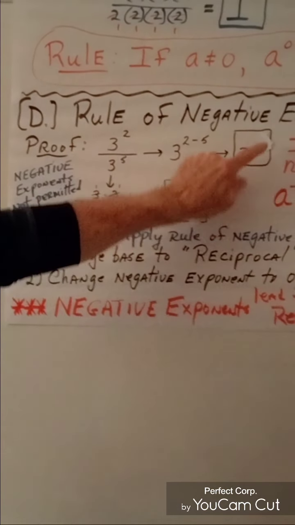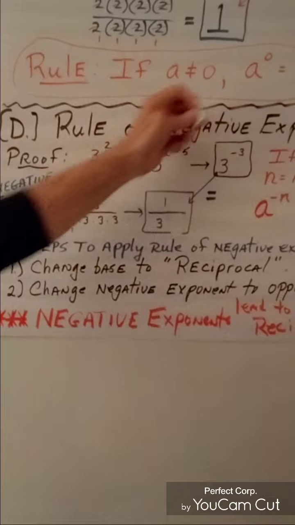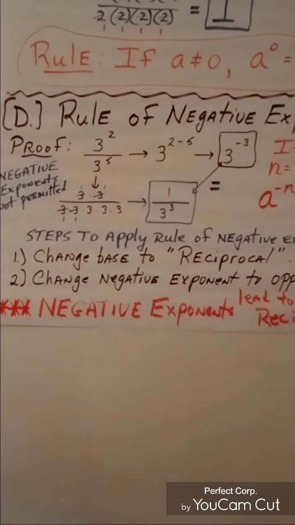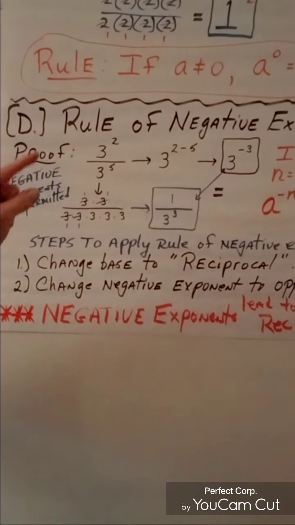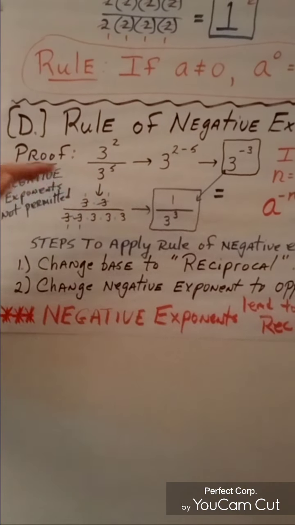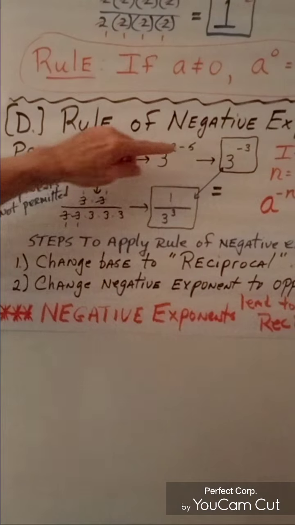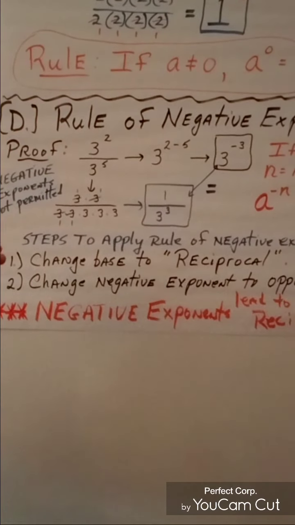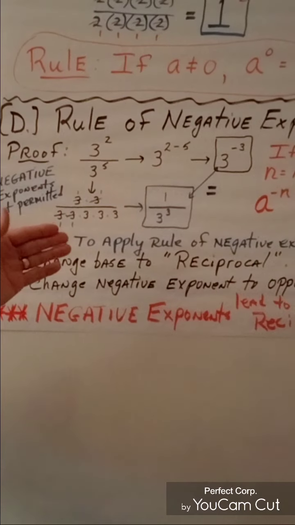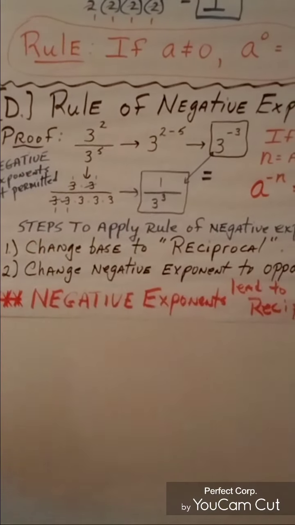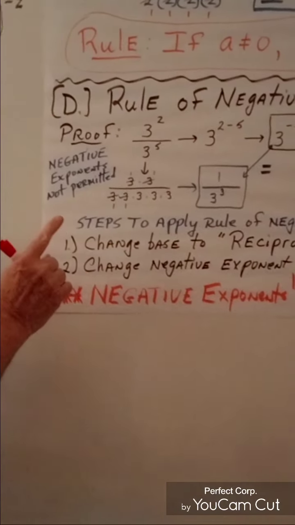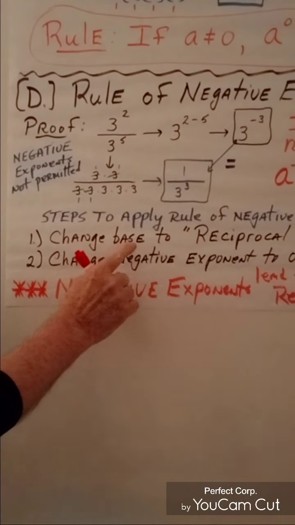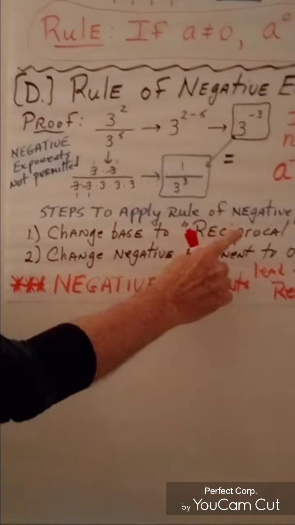This base had the negative exponent. This one had the positive. So here's the first step that we follow when we're changing a power that has a negative exponent to an equivalent expression that has a positive exponent. Step number 1. You change the base to its reciprocal.